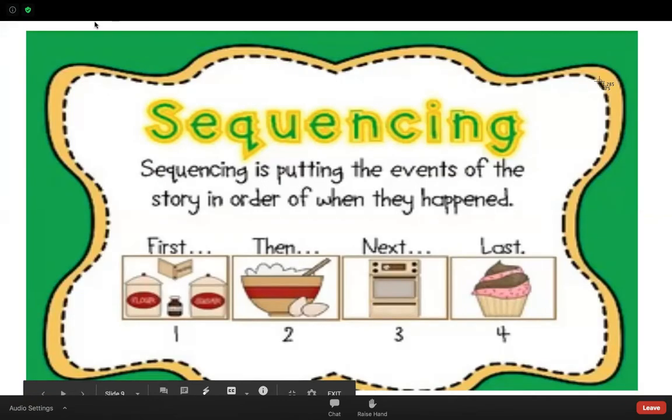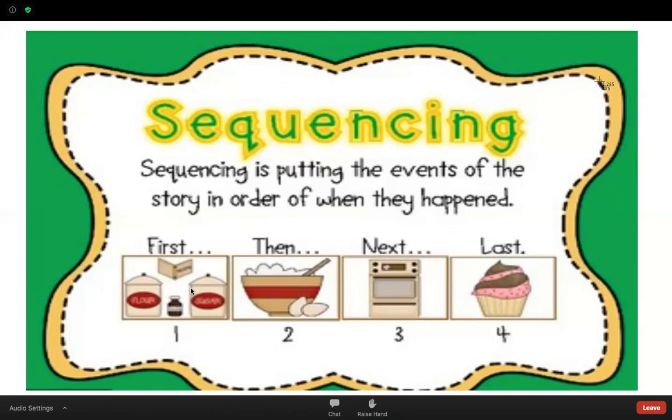All right, so sequencing is putting the events of the story in the order that they happened. So putting things in order. Let's take a look at this example. We like our food examples, right? In this example, they are making a cake, or a cupcake.